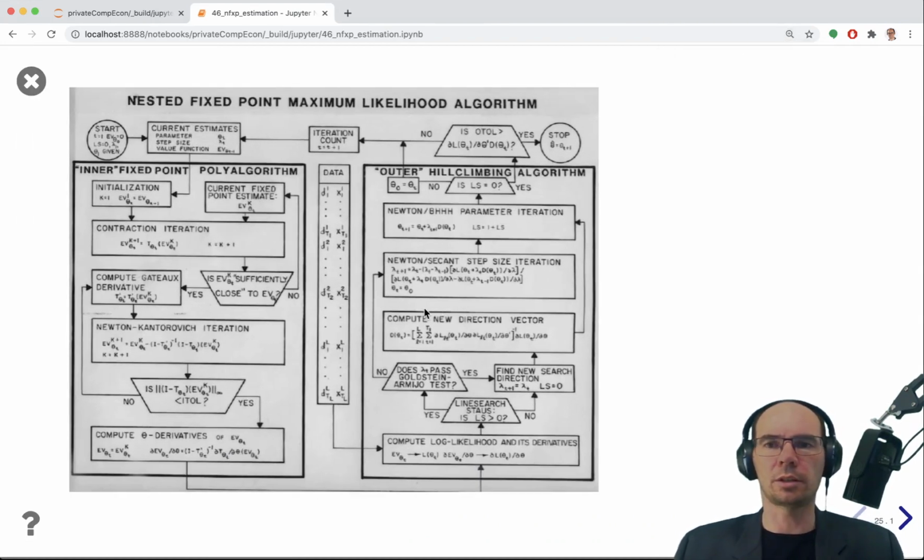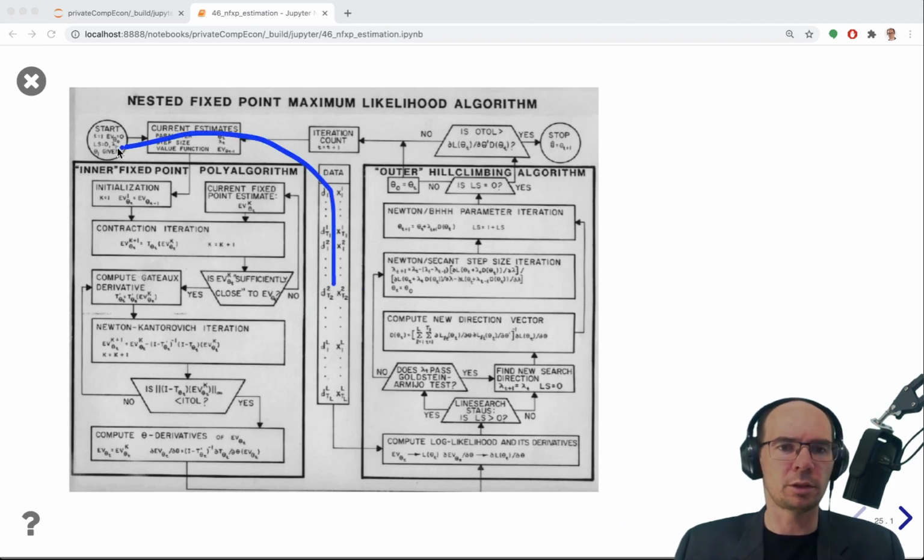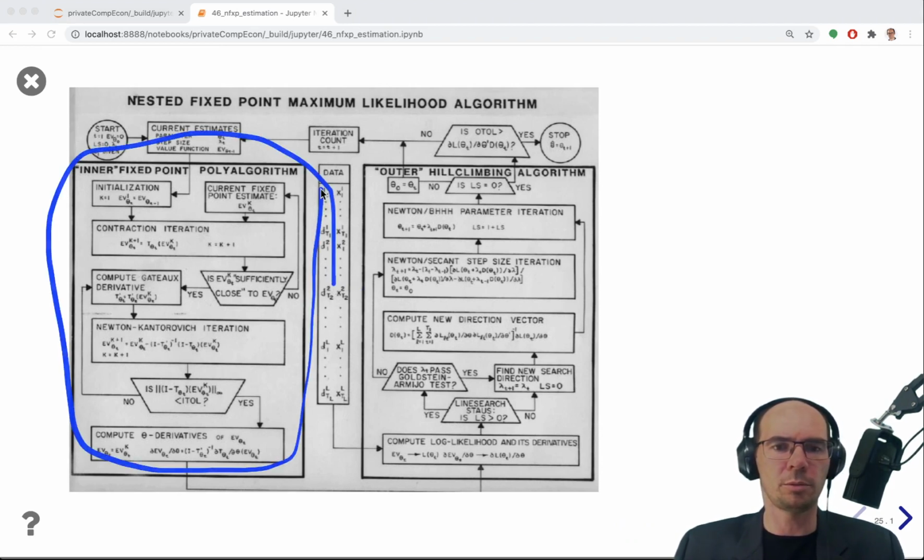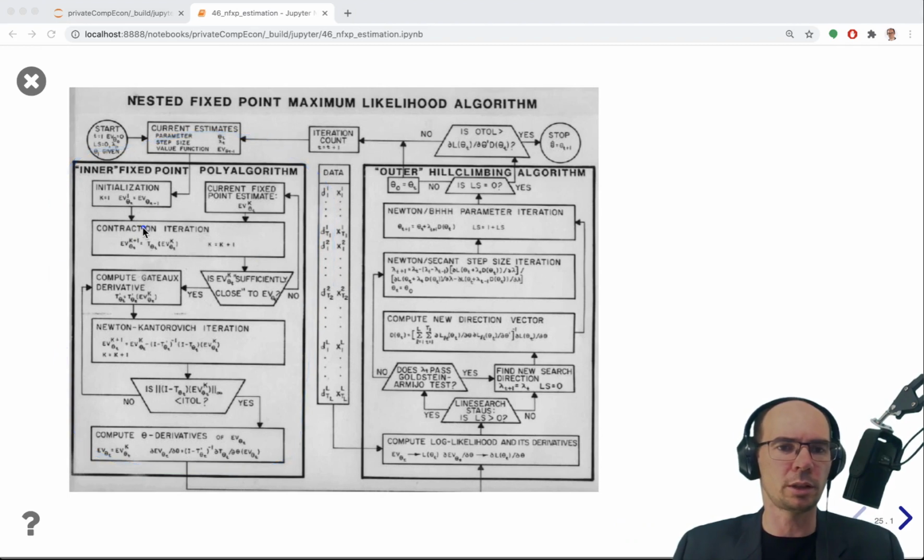Here's the pocket guide for the nested fixed point maximum likelihood algorithm that details both the side that is solving the model that we were looking at in the previous several videos. So it has to do with the Newton-Kantorovich iterations and successive approximations, contraction iterations, and switching between them to solve the model.